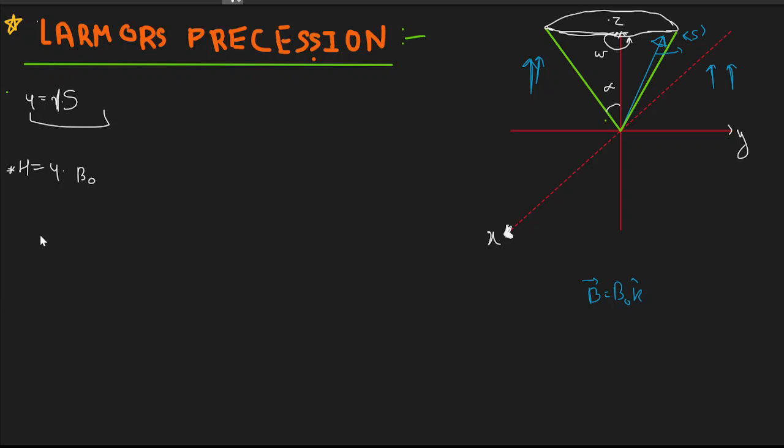Now, as you can see, the particle is spinning and it's not moving, which means we do not have to take the position state of the particle. We only have to consider the spin state of the particle. So let's see what we can do. First of all, substituting, the Hamiltonian equals gamma S B naught.